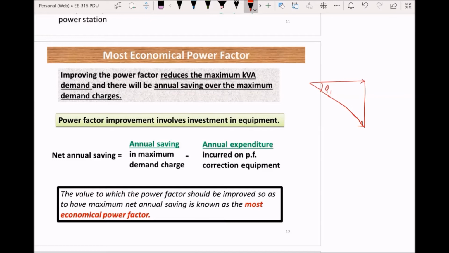If we represent it in terms of the power triangle, then this was the apparent power, this was the active, and this was the reactive power.